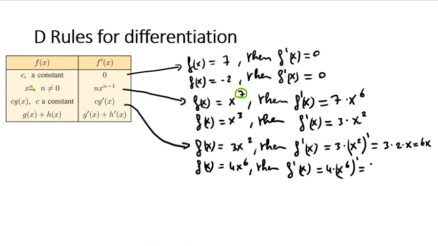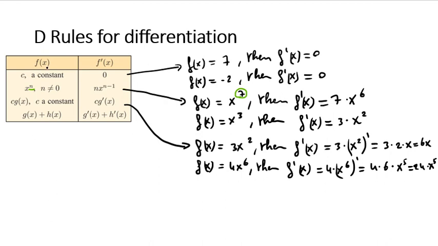That is equal to 4 times, we move the exponent to the front, so times 6 times, and we lower the exponent by 1. So x to the power of 6 minus 1, which is x to the power of 5. So 6 times 4 is 24 times x to the power of 5. And that is the derivative of f of x. Okay, let's check the last rule.